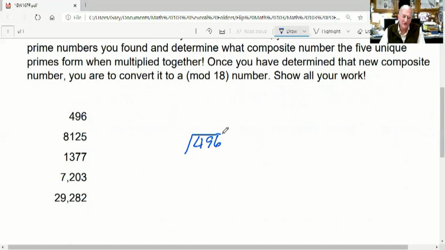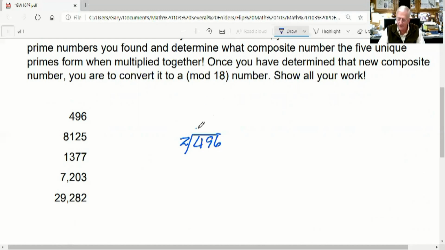Now I can tell that's an even number. So I think what we better do is divide it by 2. And get your calculator handy so that you can do all this work. I'm going to get mine over here also. Okay, so I'm going to take 496, I'm going to divide it by 2, and when I do, I get 248.